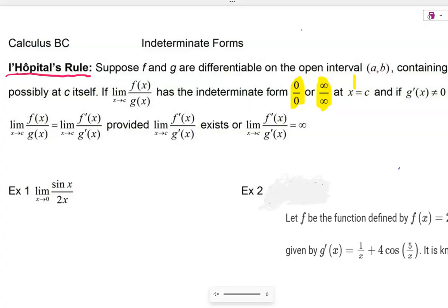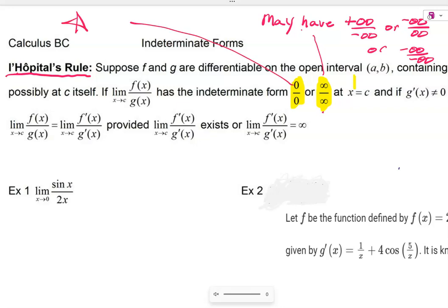If you take this limit as x approaches c of f of x over g of x, and you have an indeterminate form, 0 over 0, or infinity over infinity, and up on the top, we may have a plus infinity over a negative infinity, or a negative infinity over a positive infinity, or even both of those being negative. As long as the numerator and denominator are going to either a positive or a negative infinity, you may use L'Hopital's rule. But here's something that you must also know.